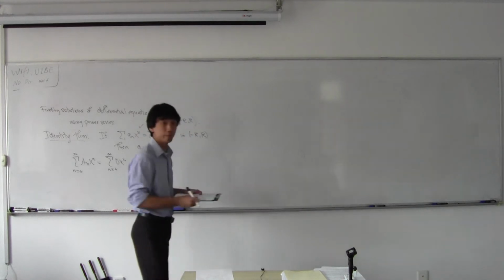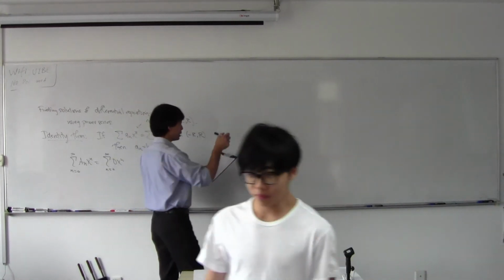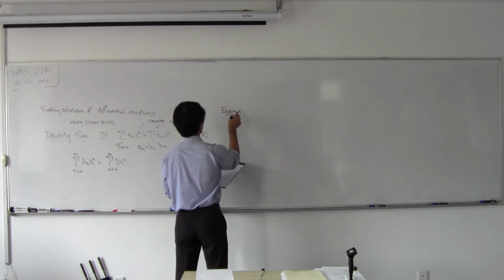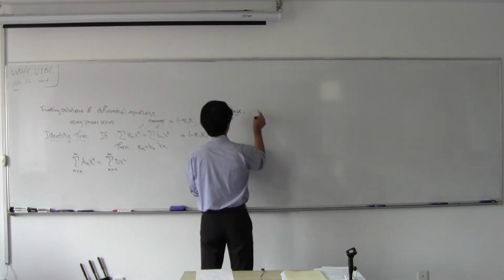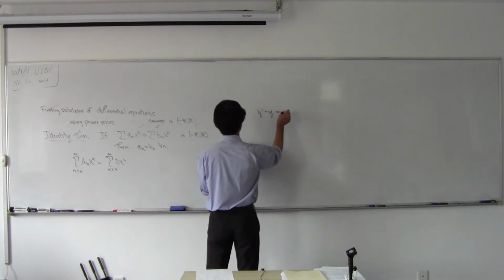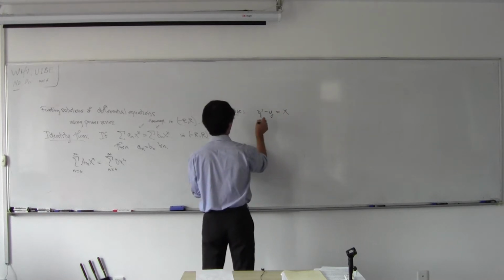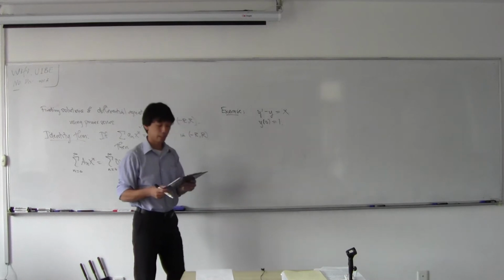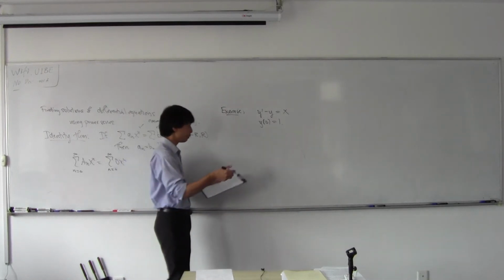At the very end of class, we were doing this one example. I had given this exercise, and the exercise was to solve y prime minus y equals x, with y of 0 equals 1.